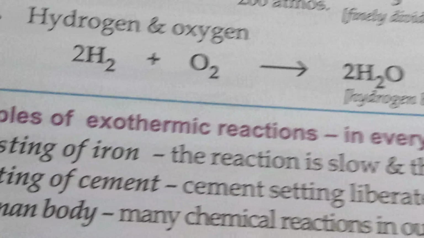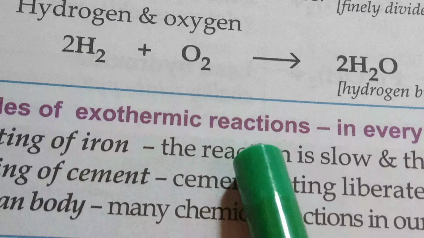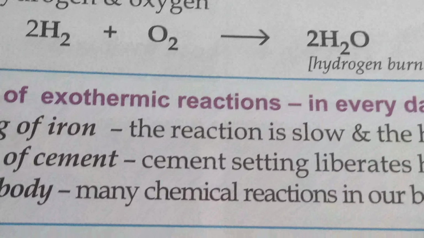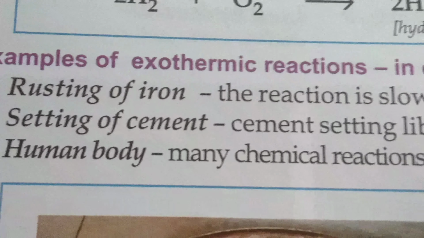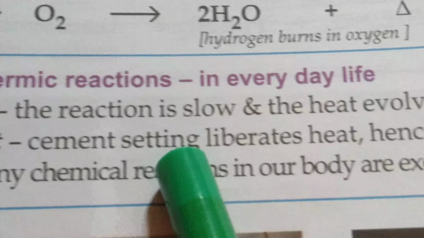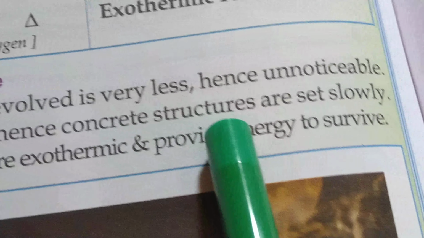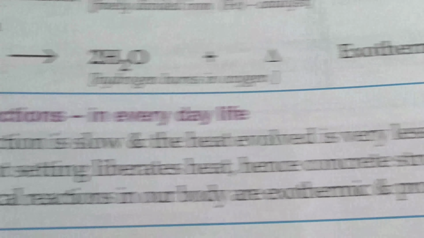It means rusting of iron is a very slow process and heat is released, but it is unnoticeable. Same way, setting of cement. Cement setting liberates heat, hence concrete structures are set slowly.